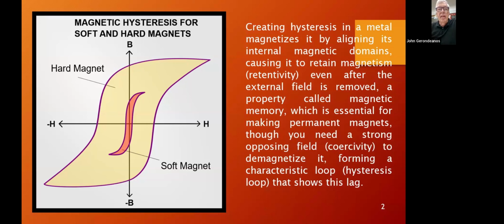However, it also tells us that it's harder to magnetize the hard metal, and the soft metal will magnetize quite easily while in the electric field. But when the electric field or the magnetic field is removed, it won't retain its magnetism. And basically, it's just walking us through the very basics.